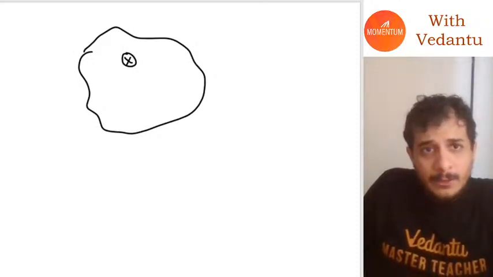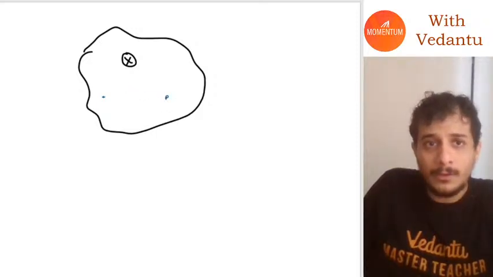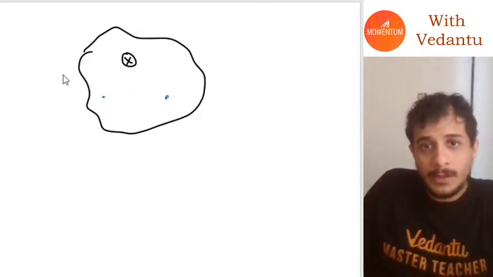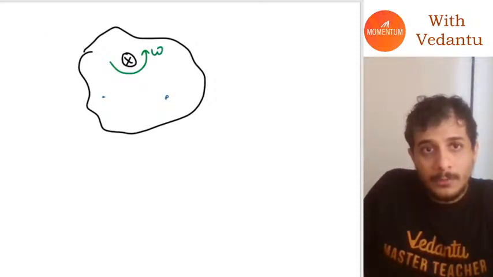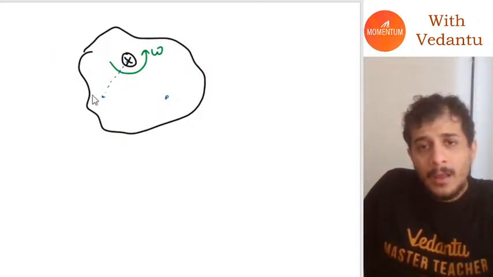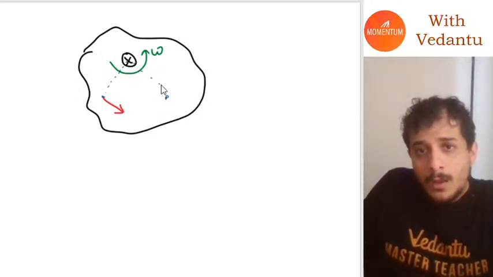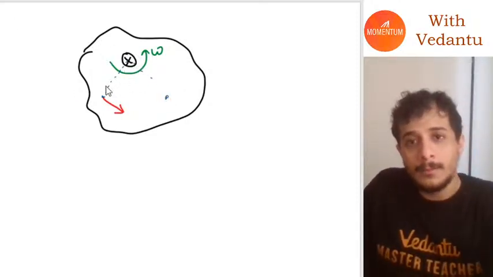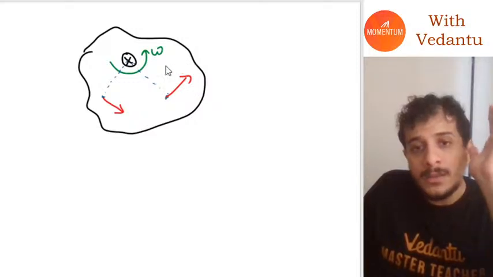Now if I take two random points on this body, the first point and the second point, and ask you the velocity of those points when the body is rotating, you can say this point will move in this direction, and this point will again move in the tangential direction.